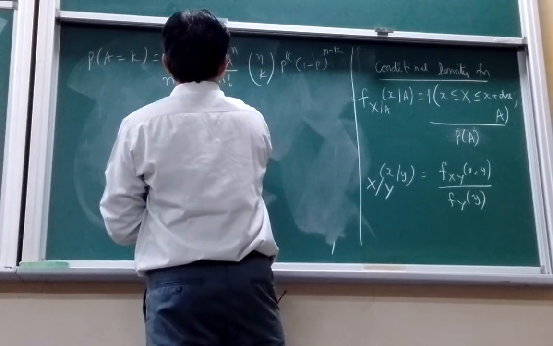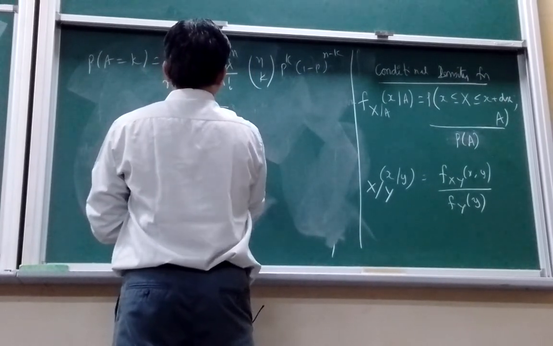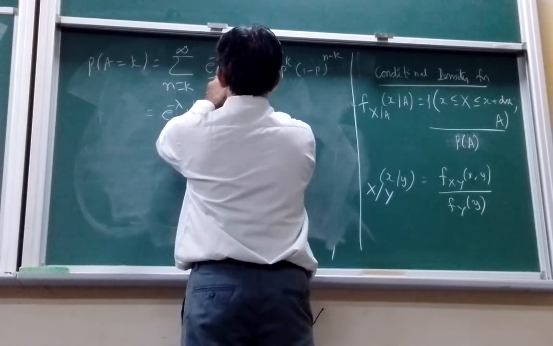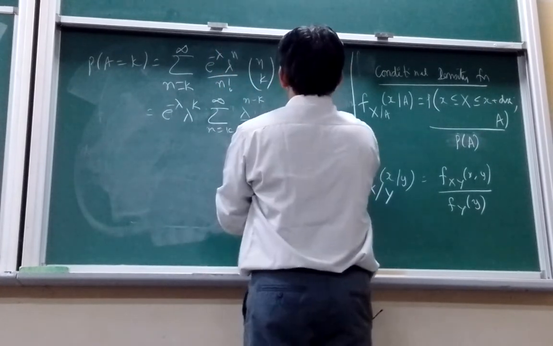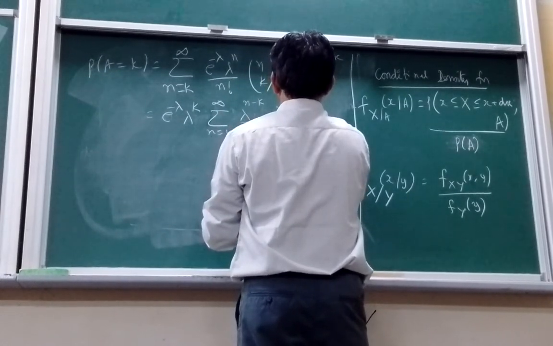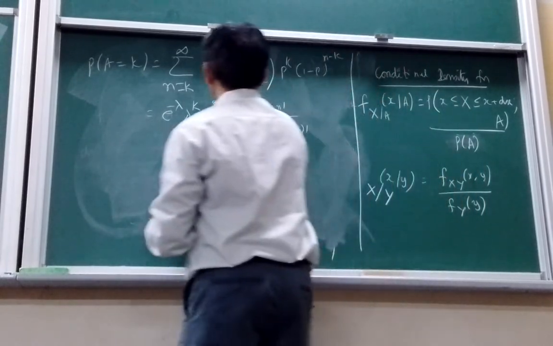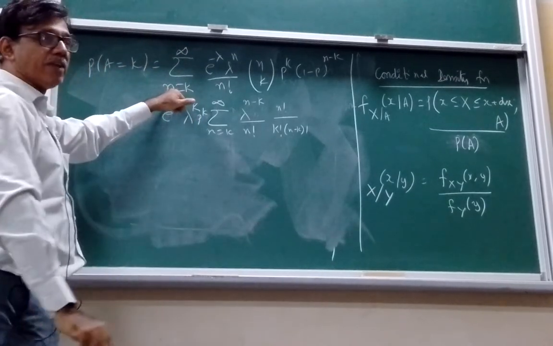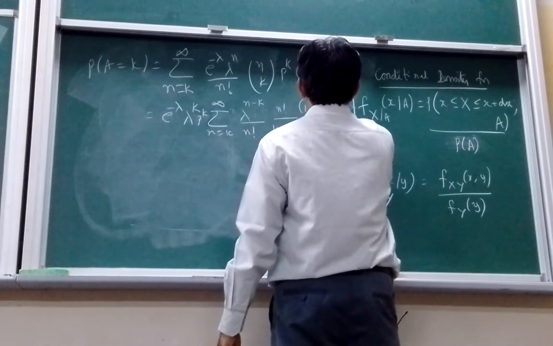I will take lambda power k out. Then I will be left with lambda power n minus k by n factorial, and here n factorial divided by k factorial, n minus k factorial. And then p power k, that also I will take out. See, what I am taking out are all independent of n, so I am valid to take them out. Please note all those things. Into 1 minus p power n minus k.